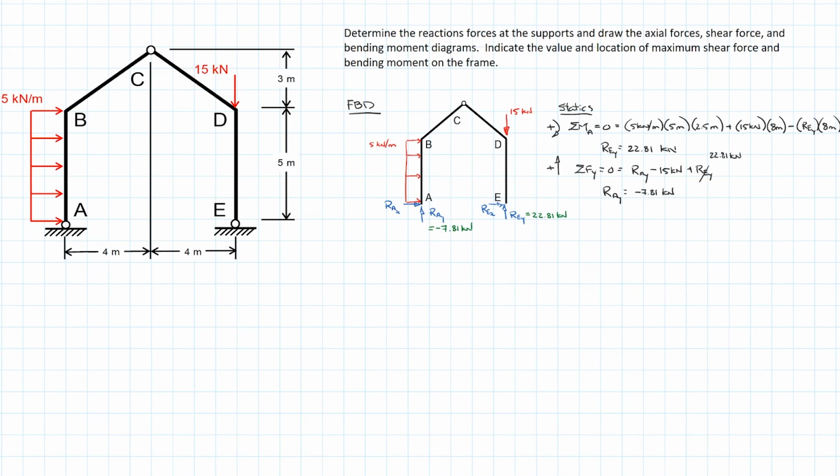So basically what I want to do is we're going to isolate the left side of the hinge at C. And the reason why we're doing that, recall that because it's a hinge, it can't transfer a moment through that joint, so the moment at C must be equal to 0.